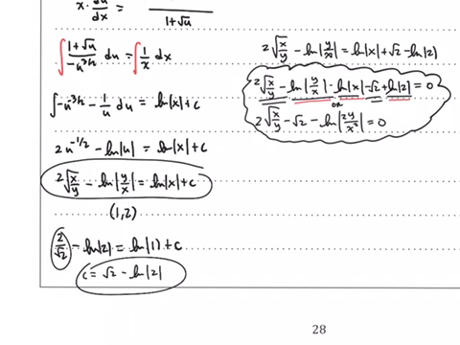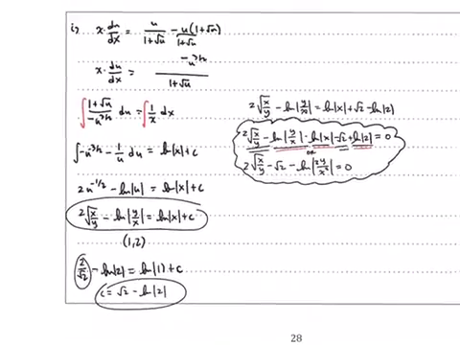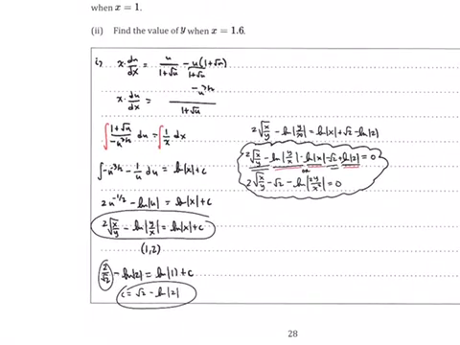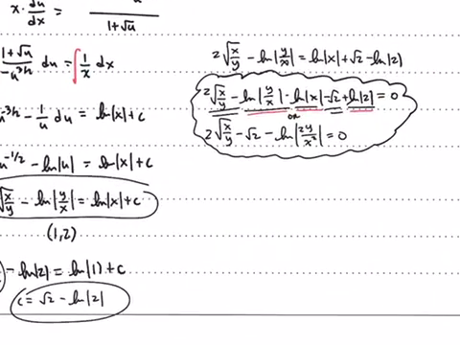Okay, part 2. Let's look at what that's asking. It says find the value of y when x equals 1.6. So really all I would do here is plug in 1.6 for x and use our calculator and solve.